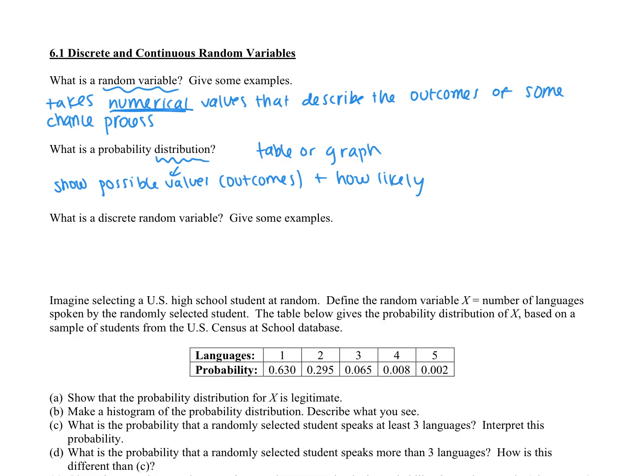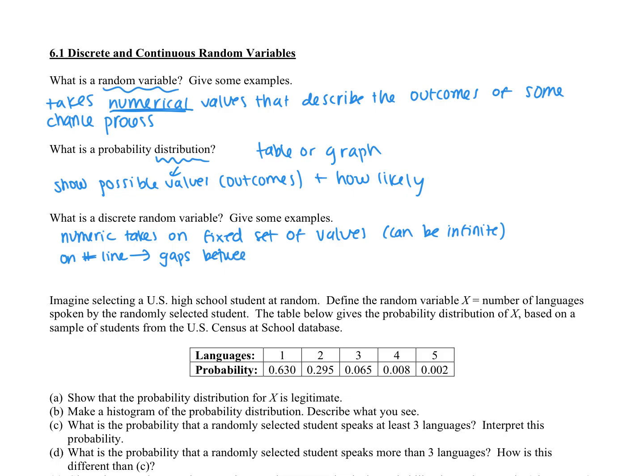Okay. Discrete random variable. We talked about this the other day as well. A discrete random variable is numeric, and it takes on a fixed set of values. But those values can be infinite. On a number line, there will be gaps between those values.